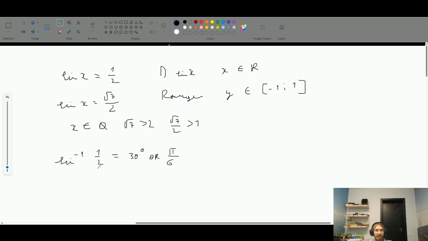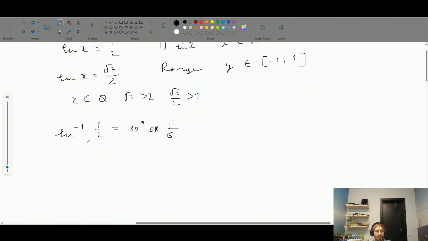This is where many students stop, happy that they have found something, and do not think about the second series of roots and about the period of sine. So please pay attention that sine -1 of 1/2 is 30 degrees or pi/6, but this is not the only root. The reason for that is that the sine function is periodic.